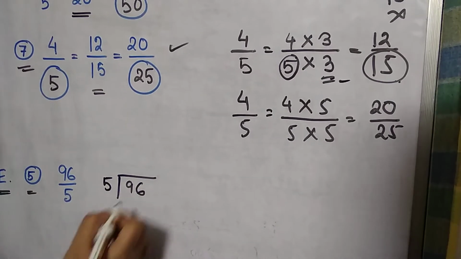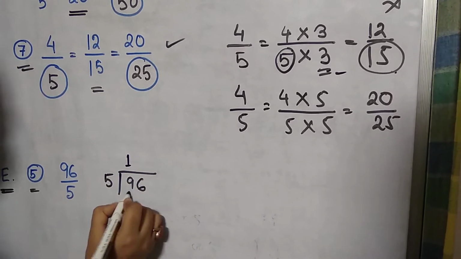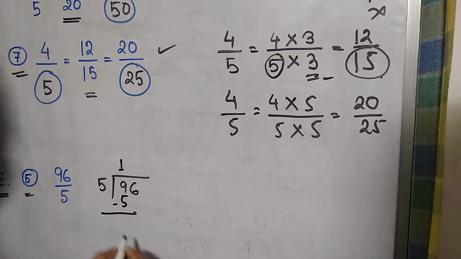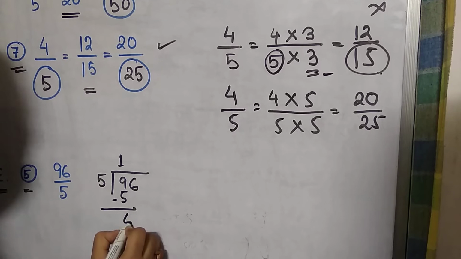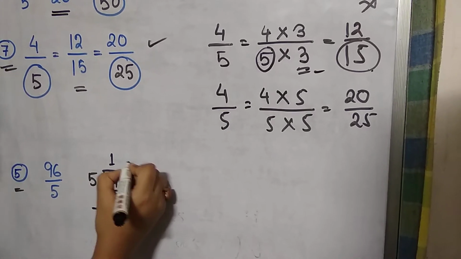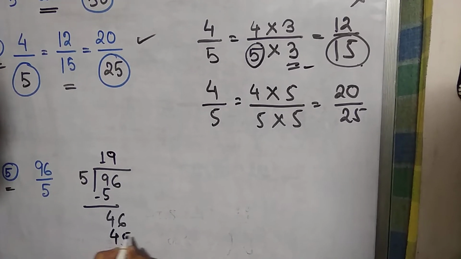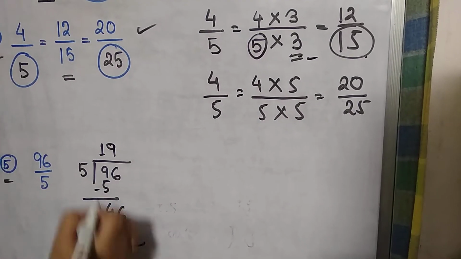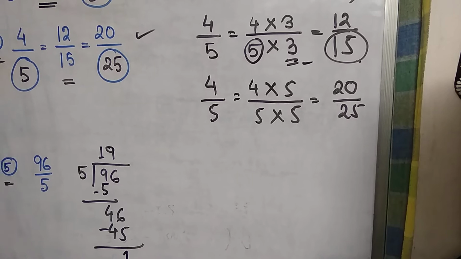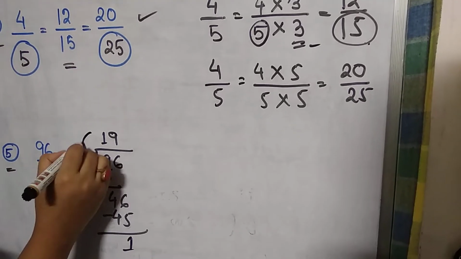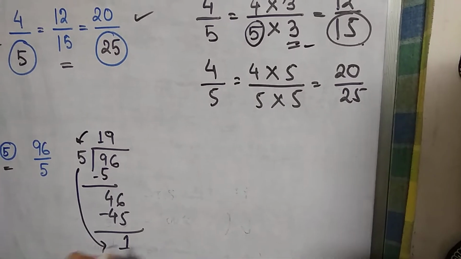Okay, so on dividing, 5 ones are 5. Let's keep it simple. Then 4 will come down. 5 nines are 45. And 1 will be the remainder. Now here we will follow an anti-clockwise manner.